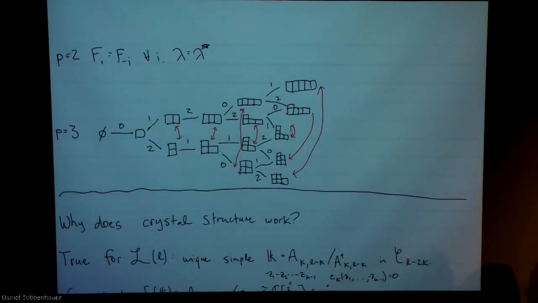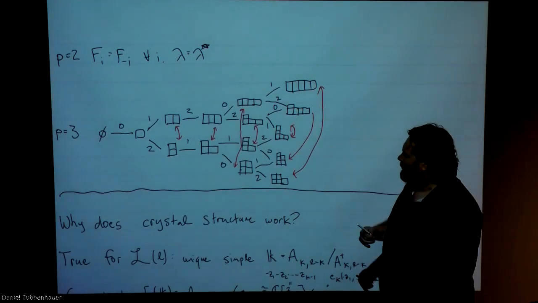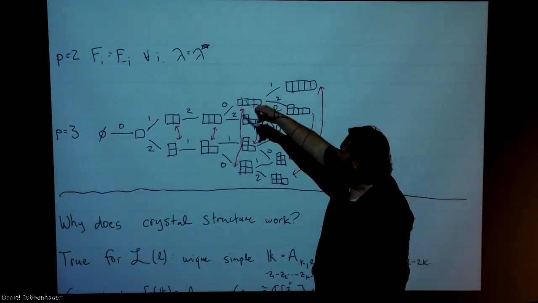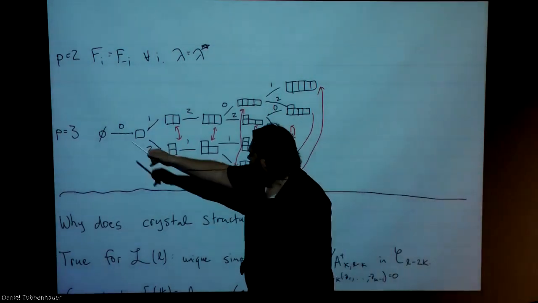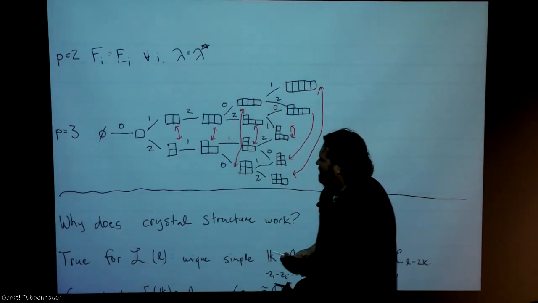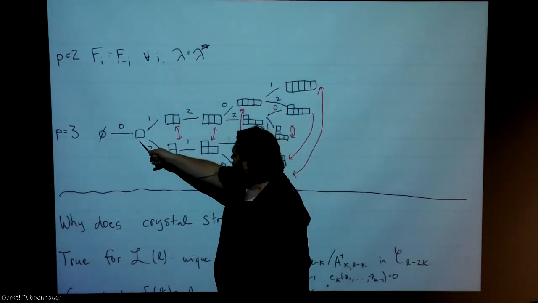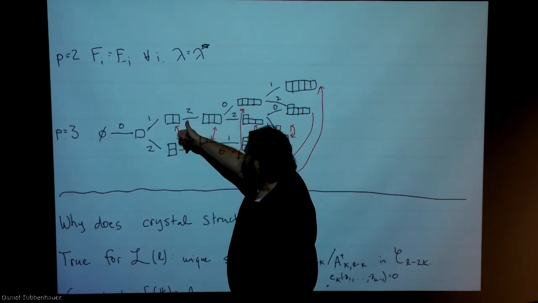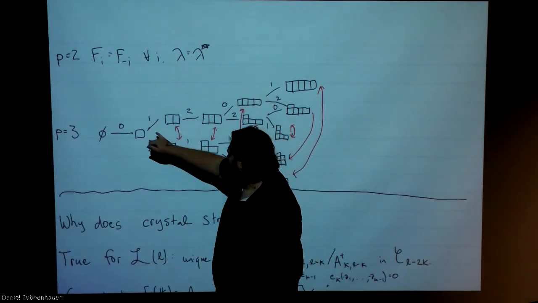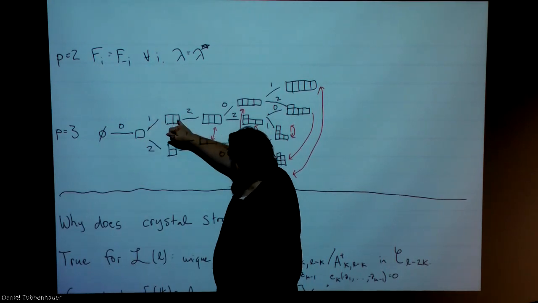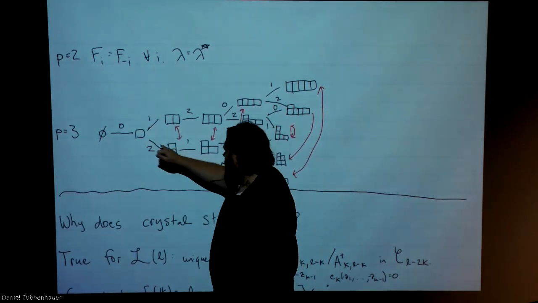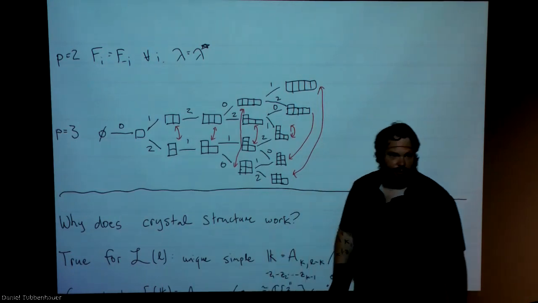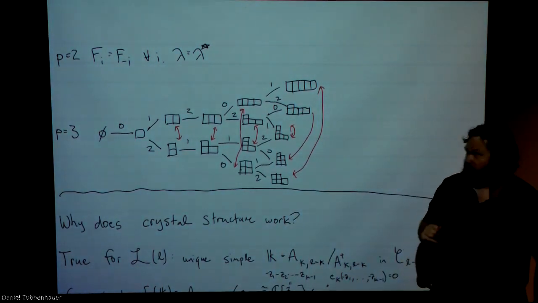So for example, this is what happens if, okay, p equals 2 is boring, so it's the identity. If p equals 3, then what happens? So here I started with the identity, I get the trivial and the sign, and of course those are sent to each other under this. And I see that because the trivial is gotten by applying F1, the sign is gotten by applying F2, and 1 and 2 are negatives of each other.